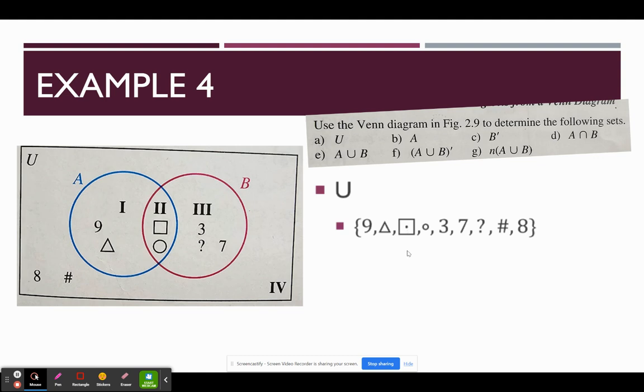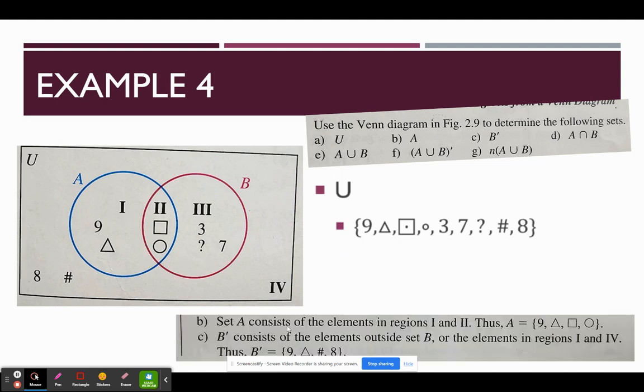Anyhow, the next one's A and B. So, sorry, B and C. For letter B, we're being asked for set A, and what is all part of set A? Well, that's going to be what's inside this blue circle here. And the complement of set B is going to be everything that's not inside the red circle. So we're looking at 9, the triangle, et cetera, et cetera.